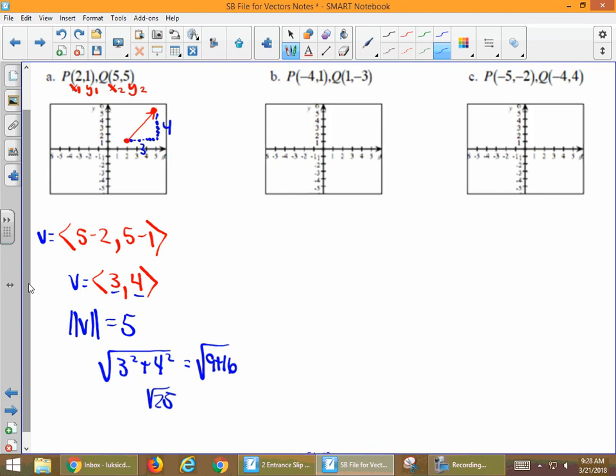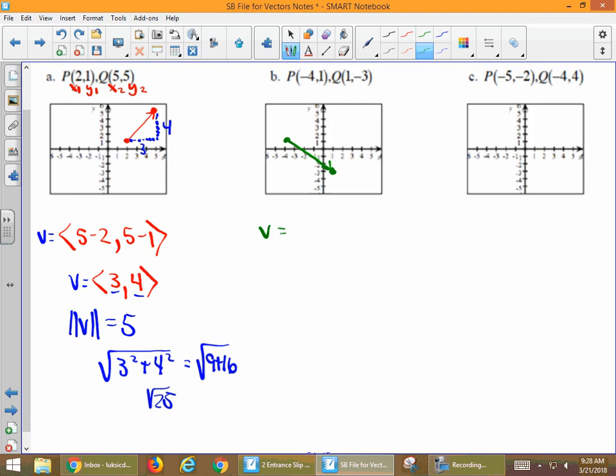Okay. More vectors. So I'm going to start at negative 4, 1. And I'm going to end at 1, negative 3. I know these little graphs aren't the nicest to count on, but I do think it's good practice to do this subtraction.